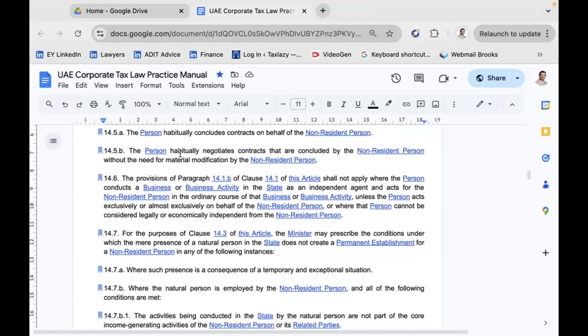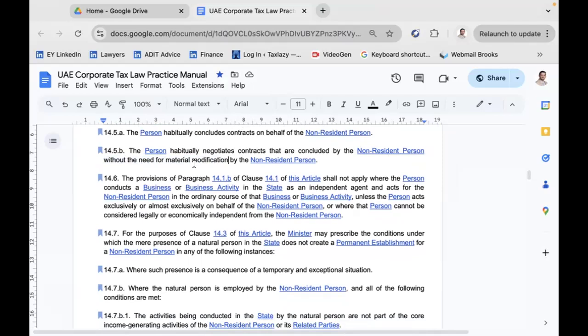another thing that is mentioned here: habitually negotiates contracts that are concluded by the non-resident person without a need for material modification. So that was the scenario that I had. Either I was concluding the contract myself, or it was only a formality that I would negotiate the deal, engagement letter, whatever it is, and I would just inform the CEO here in UAE that look, this is the deal I have negotiated.